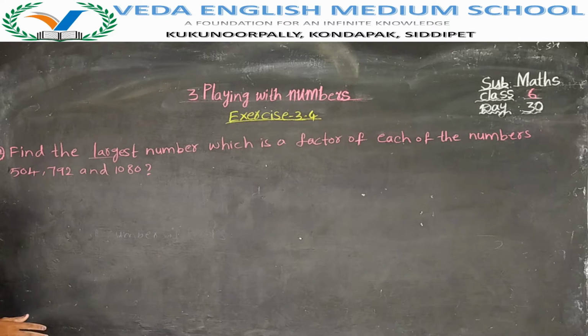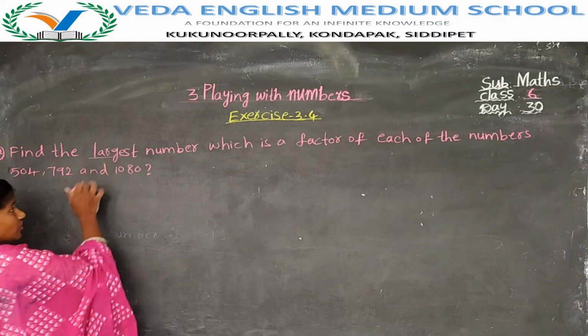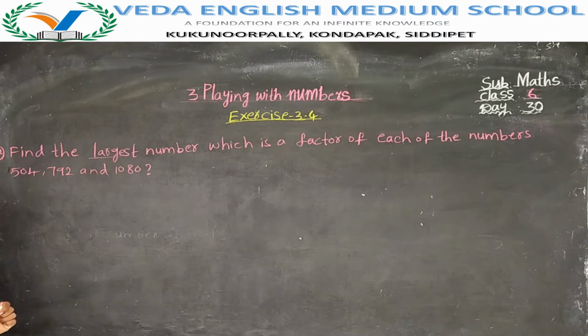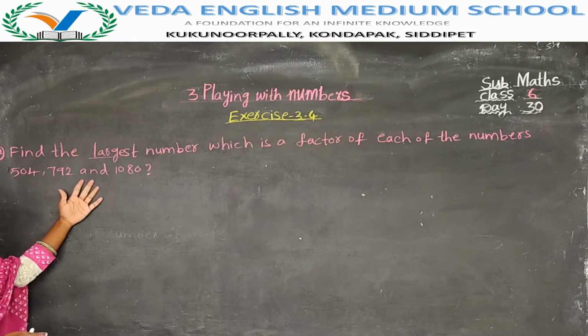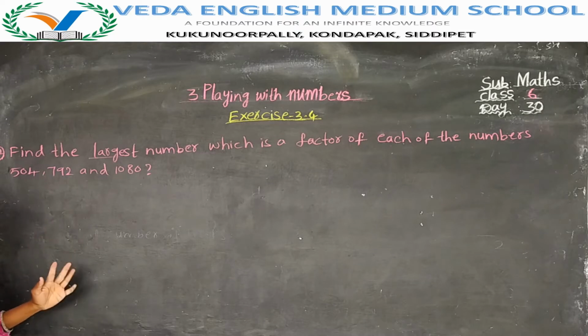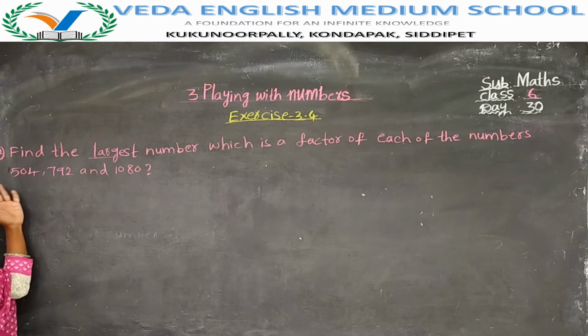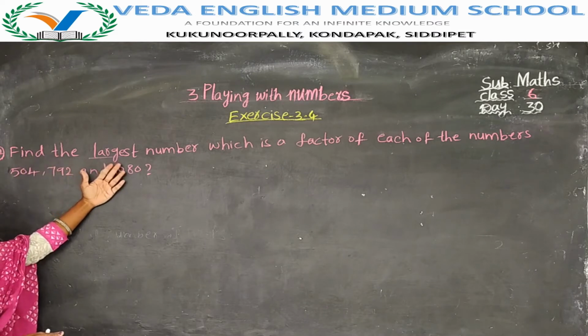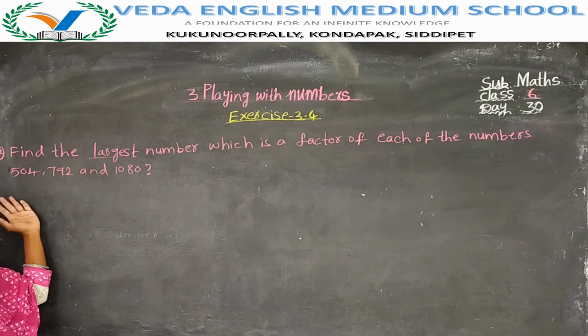If you get largest or greater number, then you have to go with HCF. You have to remember that. Then by using these three numbers, we have to find the HCF. In the HCF, the last divisor is our HCF.